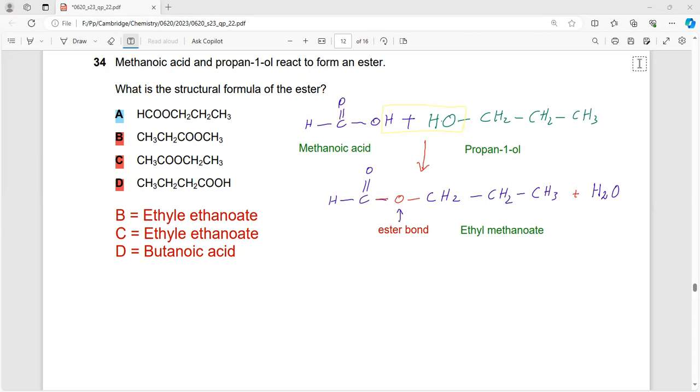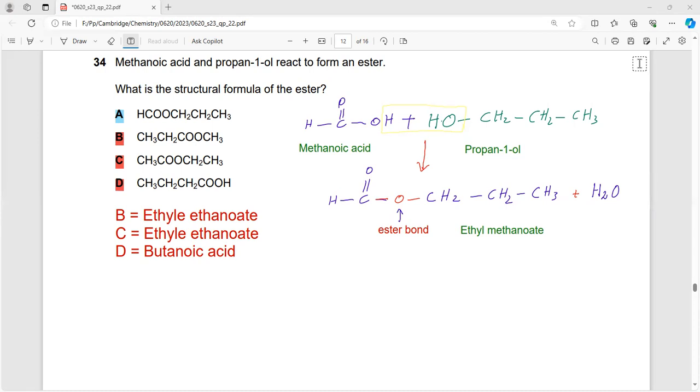Oxygen has the carboxyl group on one side and the alkyl group on the other, and this is our ester linkage. So A is our correct form here. On one side there is a carboxyl group, and oxygen is between it and the propyl group. So A is our correct option.